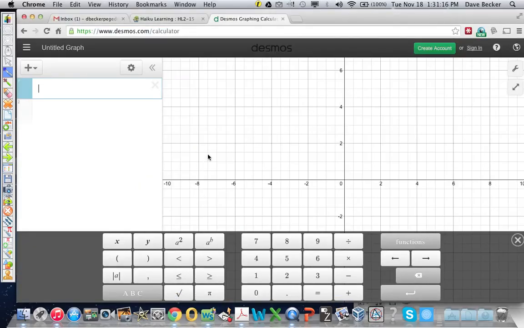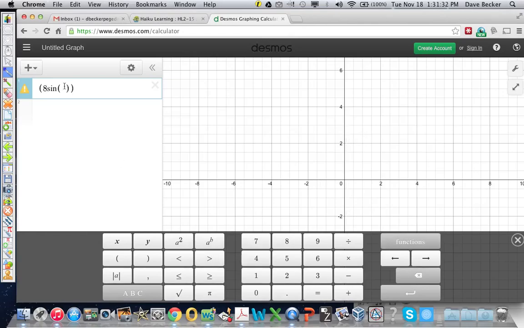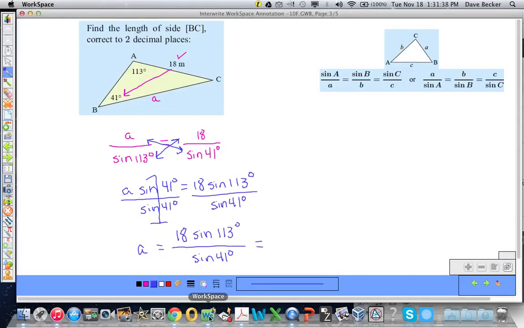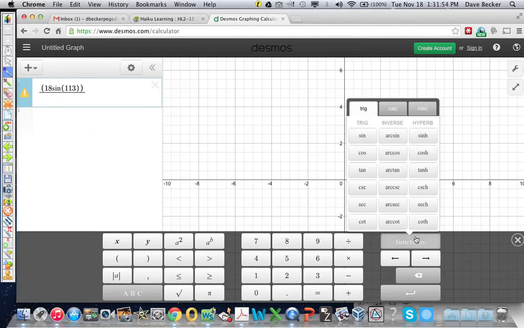Let's go to our calculator. Since we want it all on top and we have a fraction, I'm going to use parentheses: 18 times the sine of 113, and all of that is divided by the sine of 41. I believe that's right.